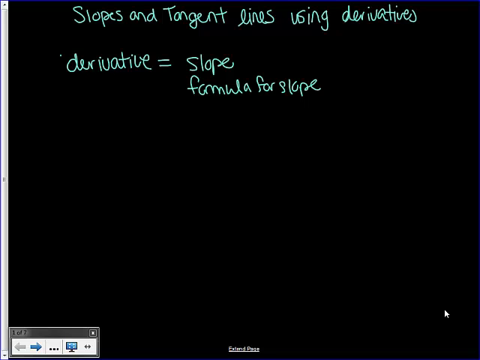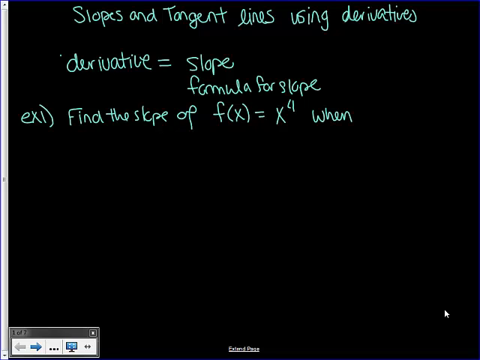So for example 1, we're going to find the slope of f of x equals x raised to the 4th when x equals -1, 0, and 1.